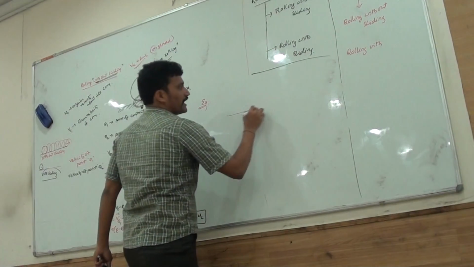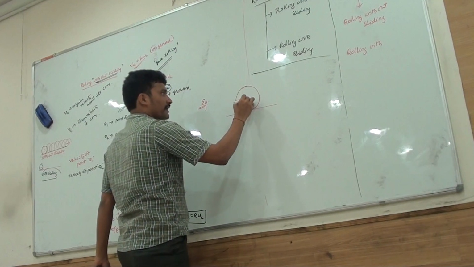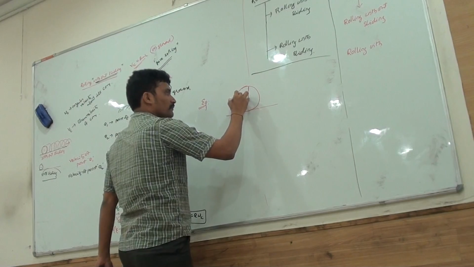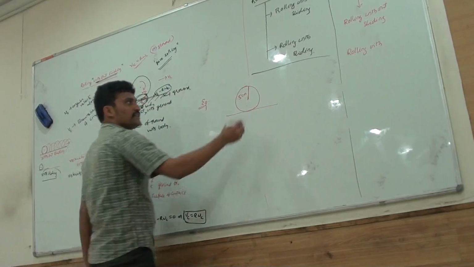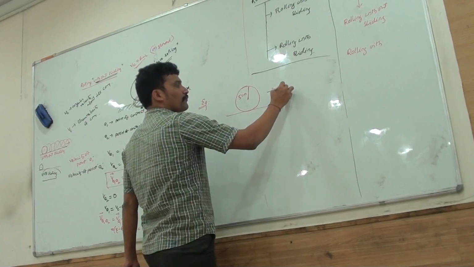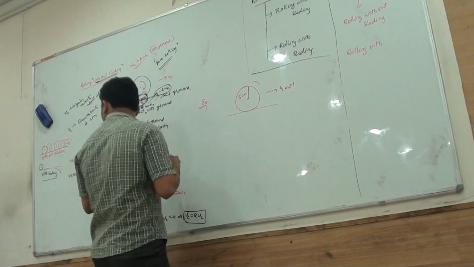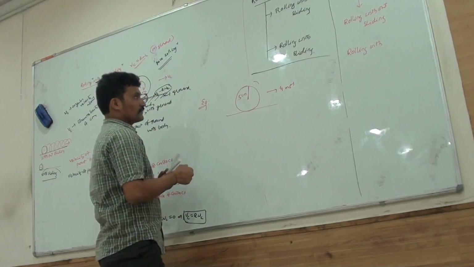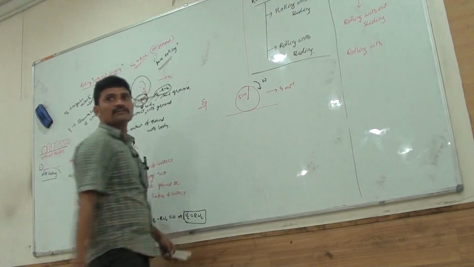Suppose a disc of radius 5 cm is moving with velocity 4 meters per second. It is rolling with angular velocity omega.